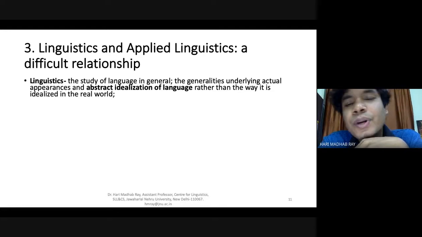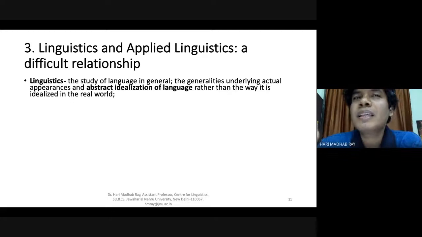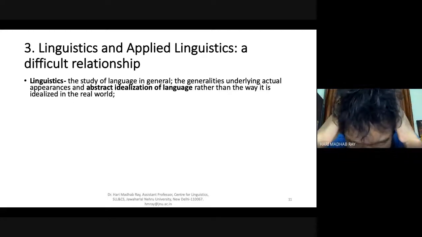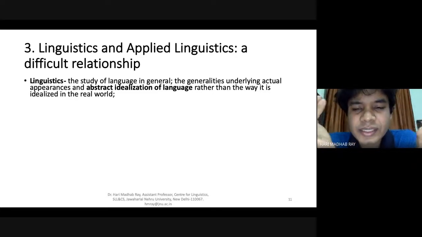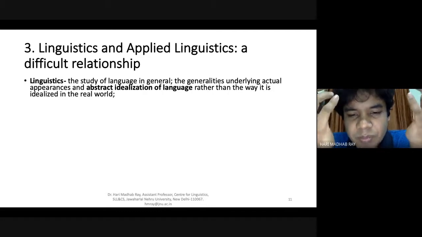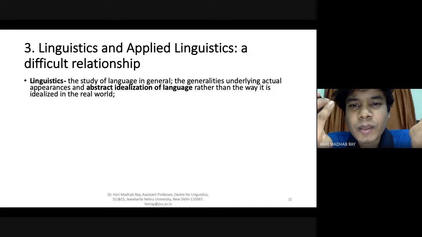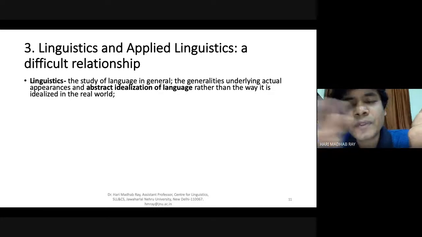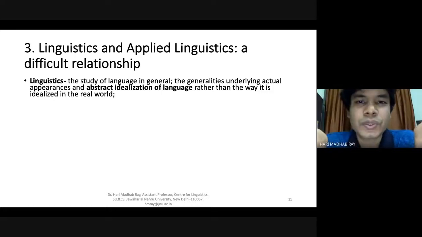Even in the way data was collected, they were not really interested in real data but rather in the mind or brain. They talk about intuition. So what is the source of data? Chomsky and the followers of the generative tradition will say that it's basically intuition.